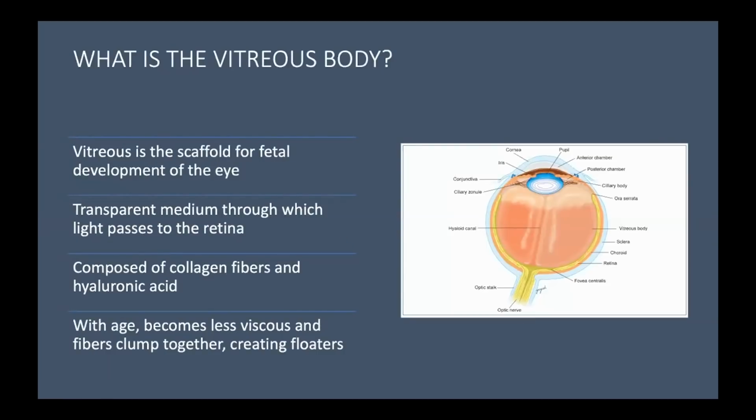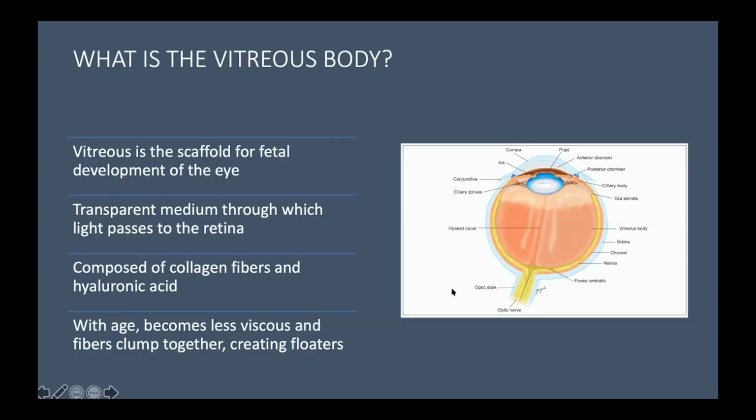I also want to talk about the vitreous body, because this is a part of the eye that is intimately involved with some of the conditions we're going to discuss. The vitreous is a transparent, clear tissue that fills the posterior chamber of the eye, behind the lens and in front of the retina.